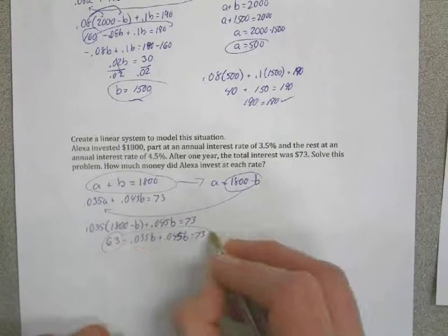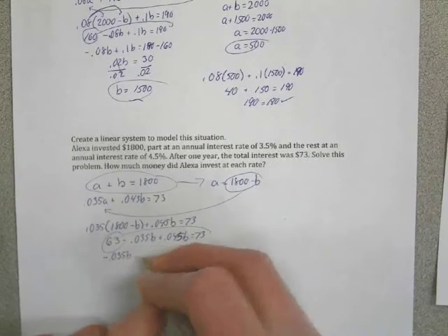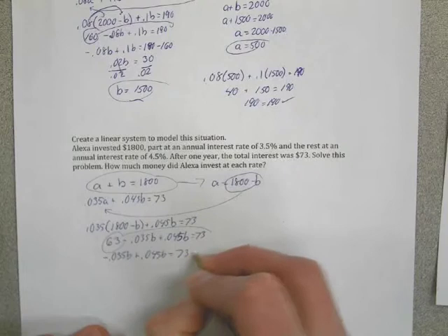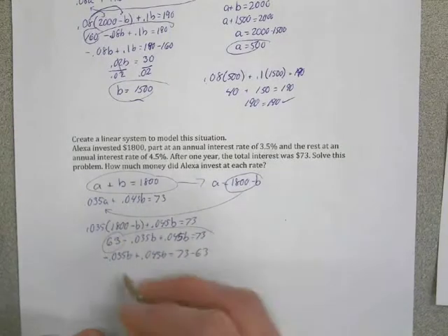Keep my variable on one side, so negative 0.035B plus 0.045B is equal to 73 minus 63, because it's positive here. When it comes across the equal sign, it becomes negative.